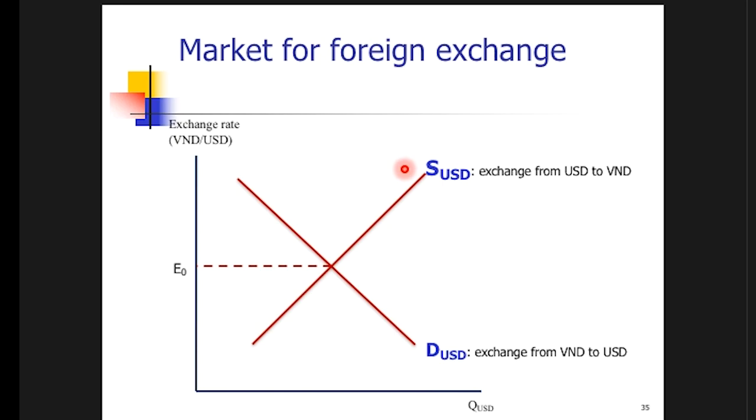They will bring US dollars into Vietnam and they have to exchange from US dollar into Vietnam dong to invest in Vietnam, to build the factory in Vietnam. So the interaction between supply and demand for US dollar will bring us the equilibrium and determine the exchange rate.